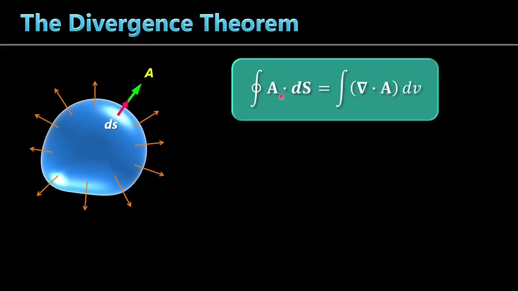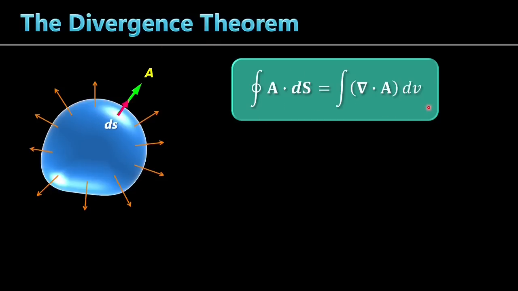So, this means that the integral of the normal component of A through a closed surface is equal to the integral of the divergence of that same vector evaluated throughout the volume. Where? Nasaan ang volume na ito? Itong volume na ito, yan yung volume na nasa loob ng closed surface.